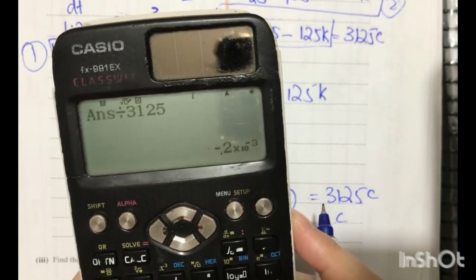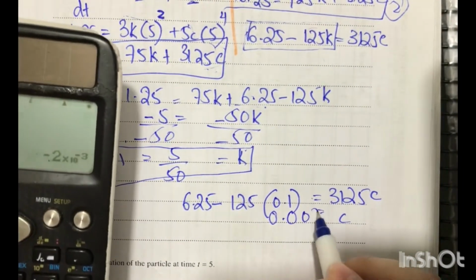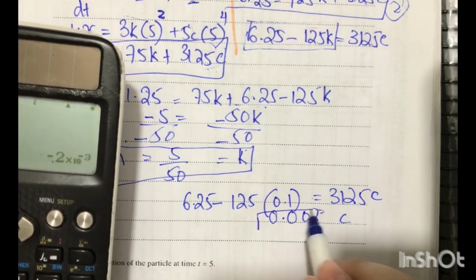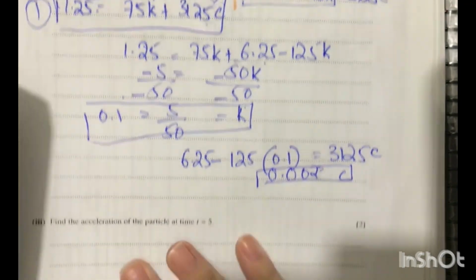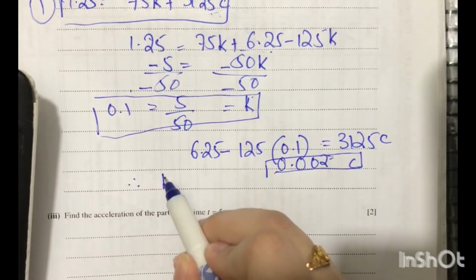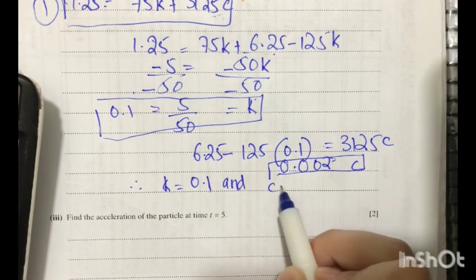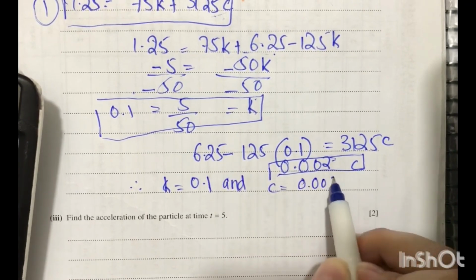So it's 0.002. Yes. So we write the final statement. Hence k is equals to 0.1 and c is equal to 0.002.